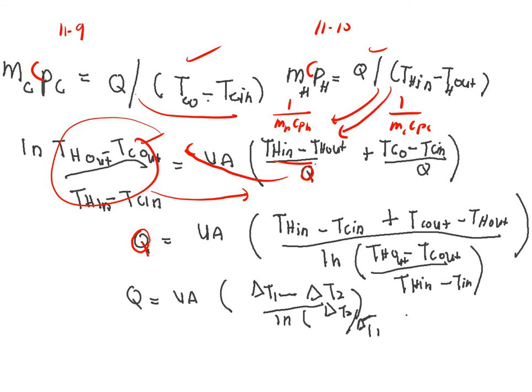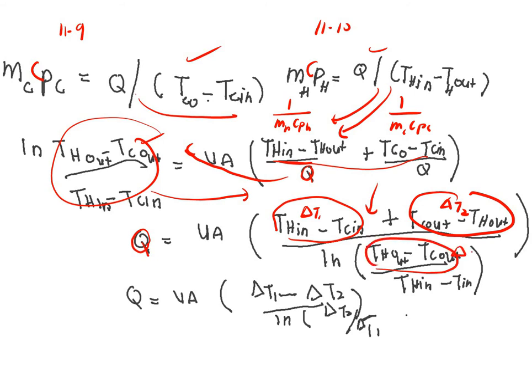So the summation of all of this is here. Rearrange back the inlet with the inlet, hot fluid inlet with cold fluid inlet, and the outlet with the outlet, that means cold fluid outlet and hot fluid outlet. So here we can see that this is the inlet delta T1, and this one is delta T2.